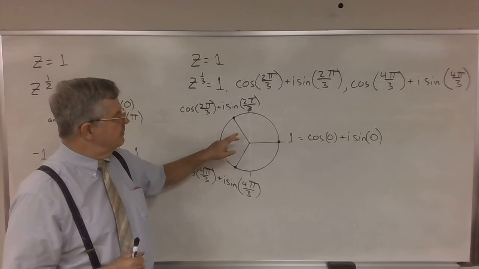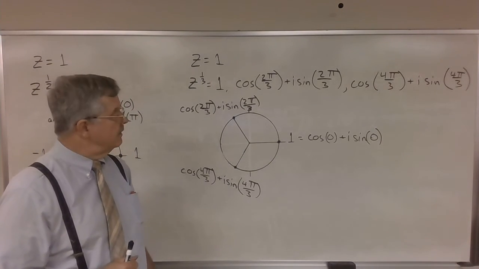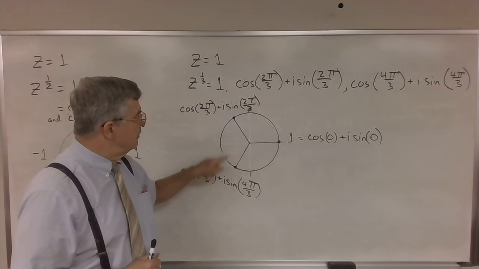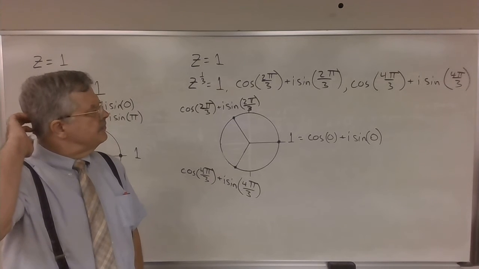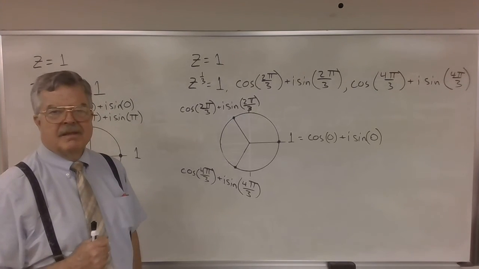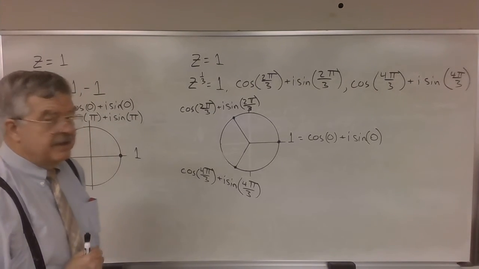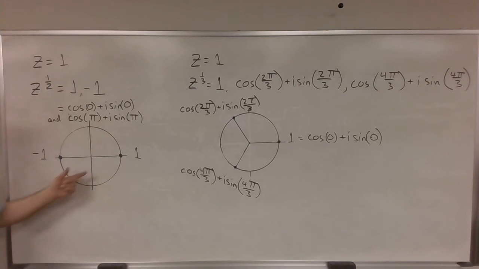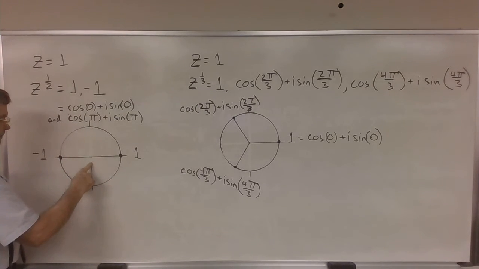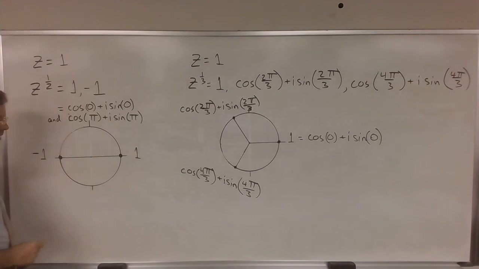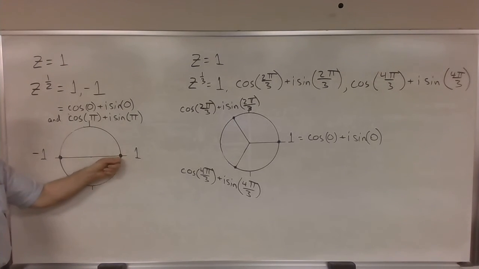Essentially, we've divided the circle into 3 equal parts. These 3 points are equally spaced on the perimeter of the circle. Now, in the case with the square root, it was a bit harder to see. But yeah, the 2 square roots of 1 are equally spaced on the circle. They're half a circle away from one another.